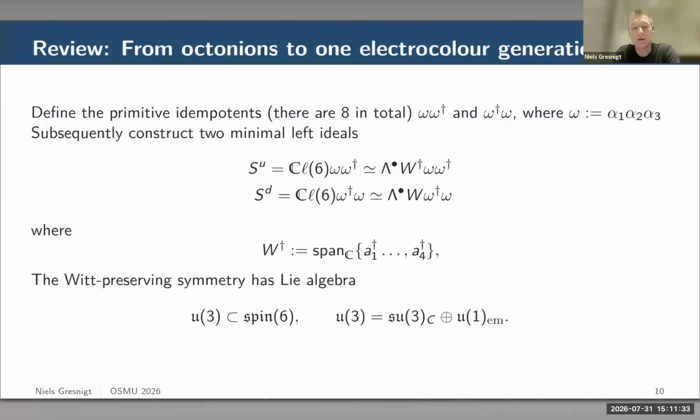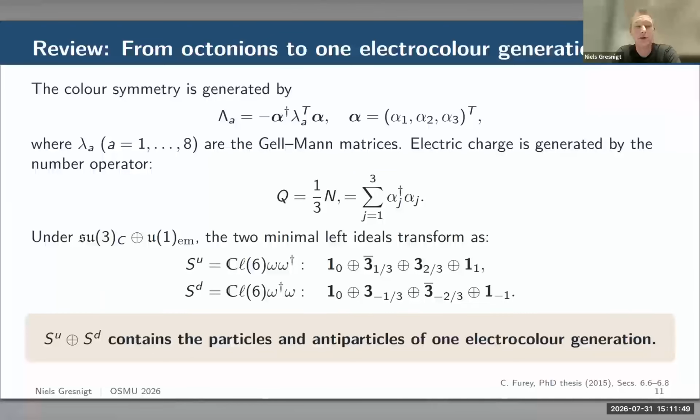Well, within that U3 algebra, you can then define the SU3 color generators, as I've done here, with the lambda. The lambdas are just the Gell-Mann matrices, and the electric charge can be defined in terms of the number operator.